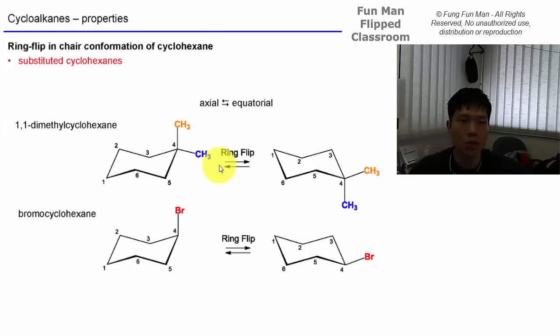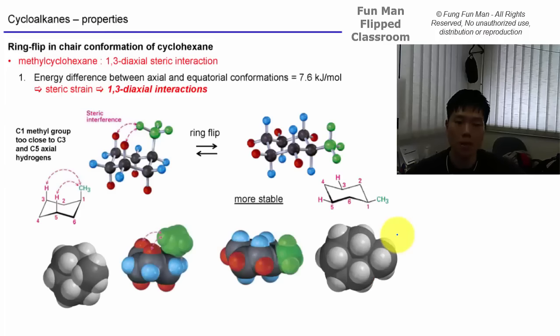As mentioned just now, we know that after a ring flip, axial becomes equatorial, equatorial becomes axial. I have illustrated this to you just now. The red ball, which could symbolize the Br atom, ring flips and becomes equatorial. Now let's investigate a bit.